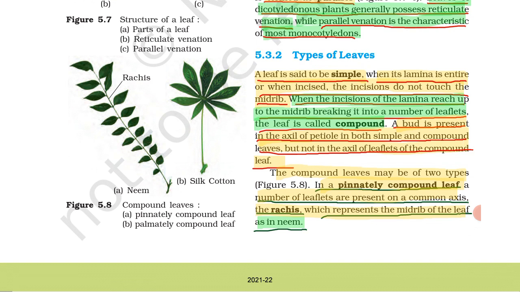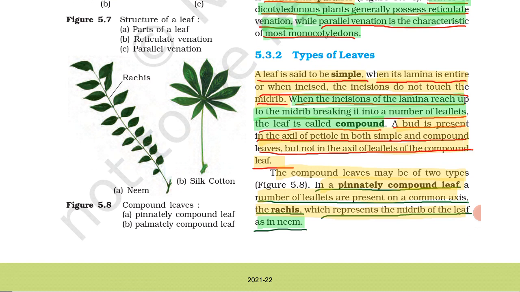When the incision of the lamina reaches up to the midrib, breaking into a number of leaflets, the leaf is called a compound leaf. So each time the midrib is reached, breaking into a number of leaflets, and these leaves are called compound leaves.